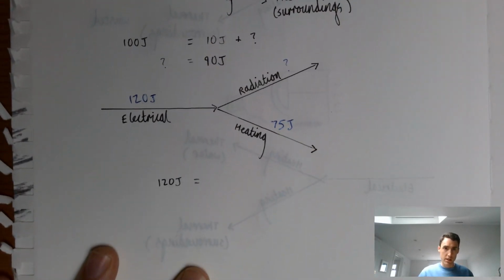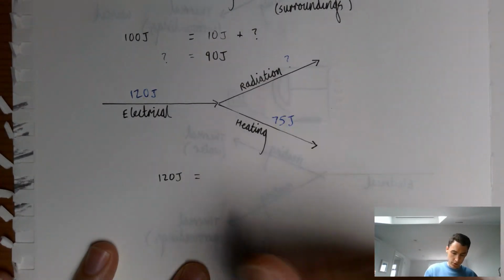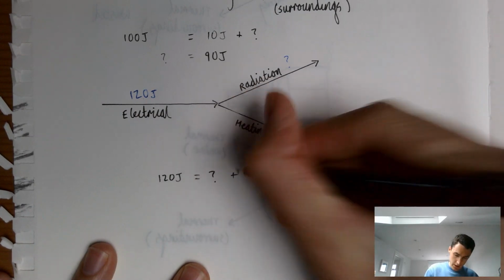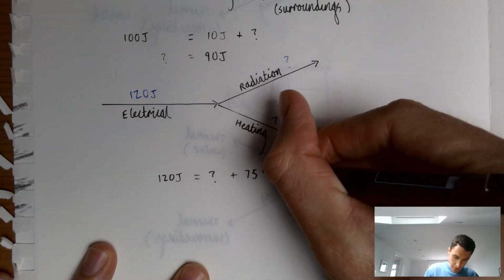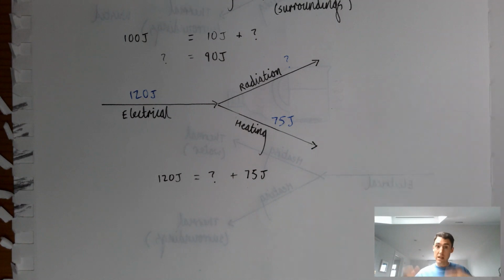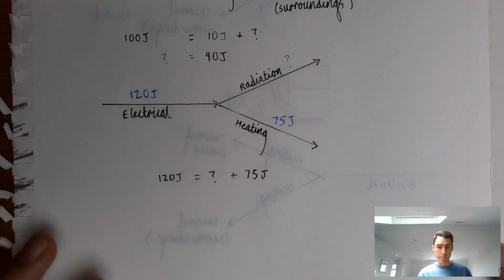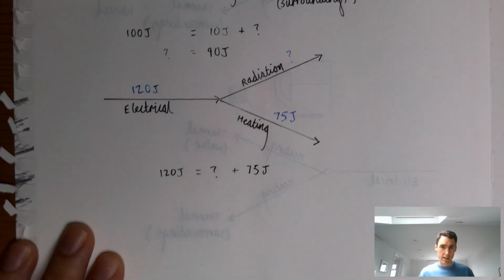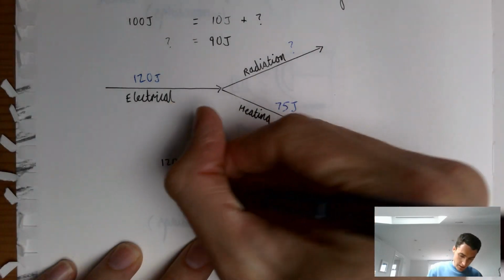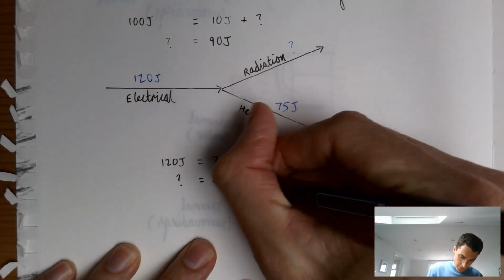So in this case, it's going to be different because I'm going to put 120 equals question mark plus 75. And really being methodical about that and narrating that thought process is really going to help them make sure they get this right, as you'll see in the next example. And then you would get an answer of, what's that, 45 joules.